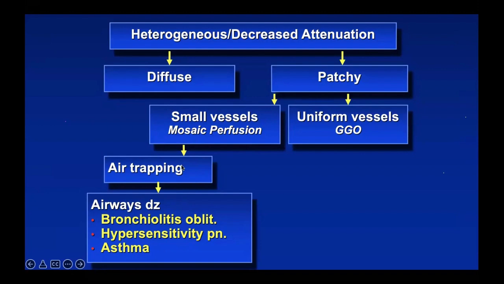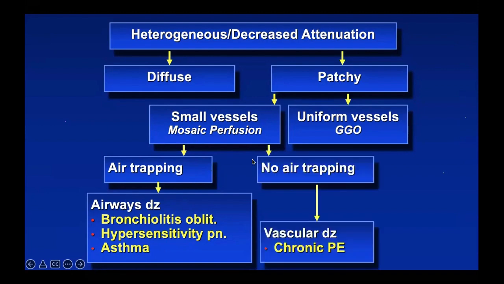Okay, if you don't see air trapping, mosaic attenuation or perfusion is caused by chronic vascular disease like chronic PE or vasculitis. So that's a way to differentiate in the setting of mosaic attenuation. Let's differentiate airways disease, small airways disease, from small vessel disease. That's why we do the expiratory views on high resolution CT.